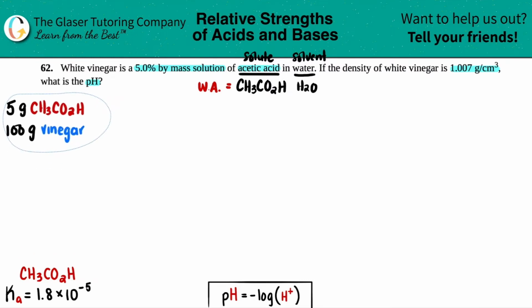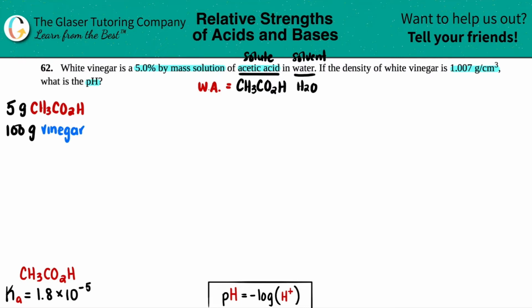Okay. Now, let's see. We're asking for the pH, and we have a weak acid, right? Anytime that we're using weak acids or weak bases, we think of a balanced equation, but we have to use the ice table.